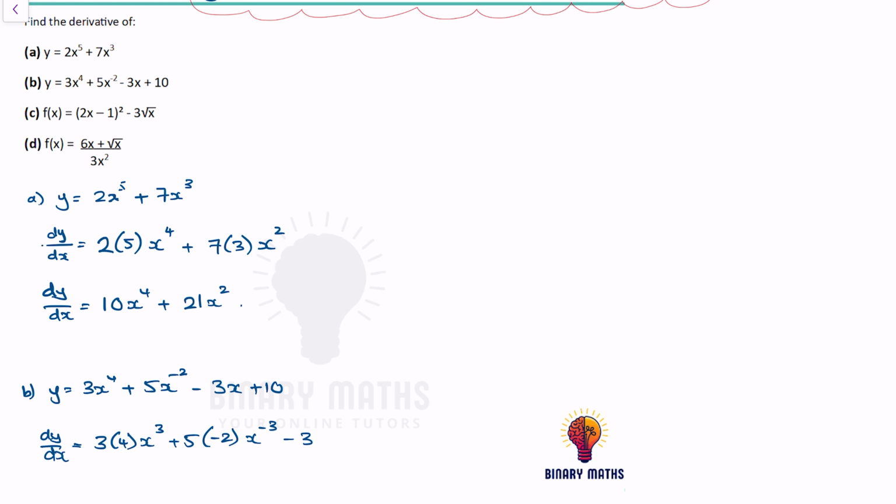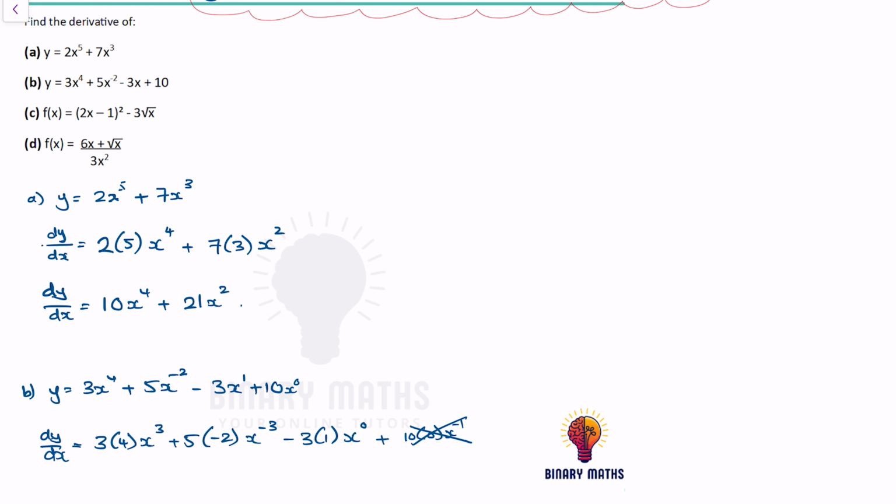Minus 3x, there's an invisible 1 there, so it's 3 times 1, x to the power of 1 decreased by 1 gives 0. Plus 10, there's an invisible x to the power of 0 there, so you're going to get 10 times 0, x to the power of minus 1, which disappears. So the thing to keep in mind is any constants will disappear.